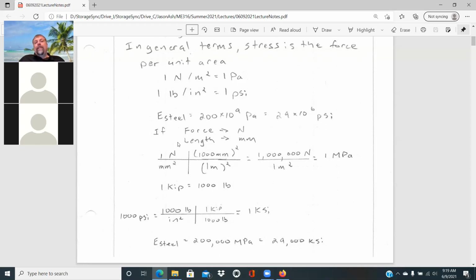The strength of steel is also around that 200 to 250 megapascals. So you're not dealing with a lot of digits at that point, and that eases things from just the flow of it, of not having to deal with scientific notation as much.